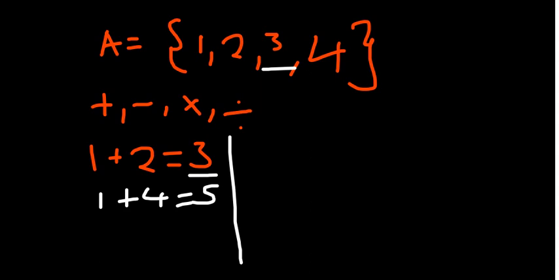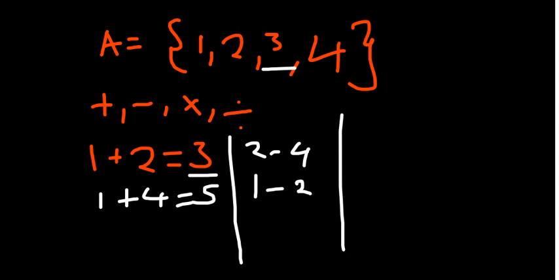So it's not, because we already have impossibilities. 2 minus 4, 1 minus 2, these are not part of the set. How about multiplication? Is it a binary operation? It's not. I think this set is giving a lot of negative solutions.